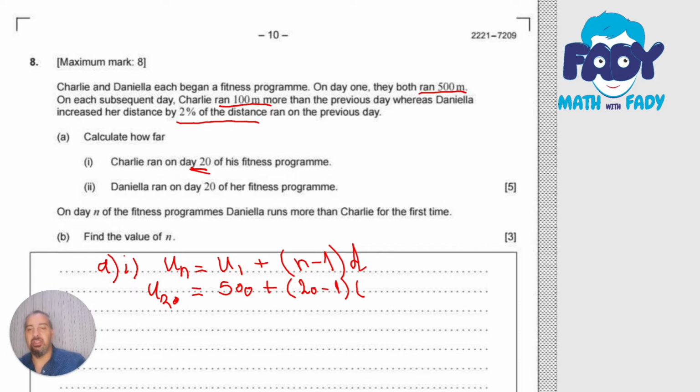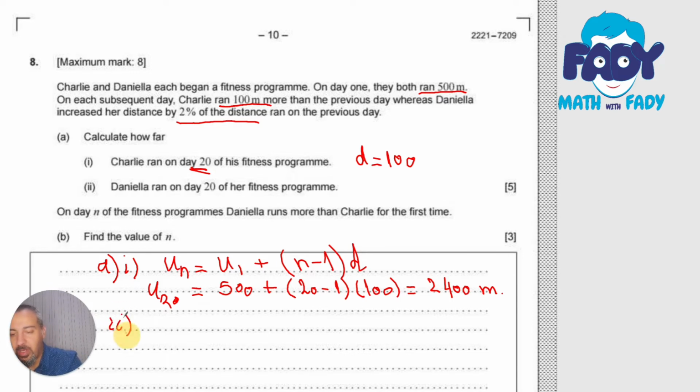So d here is 100. Then we calculate this using the calculator. We will get 2,400 meters. So on day 20, Charlie ran 2,400 meters.